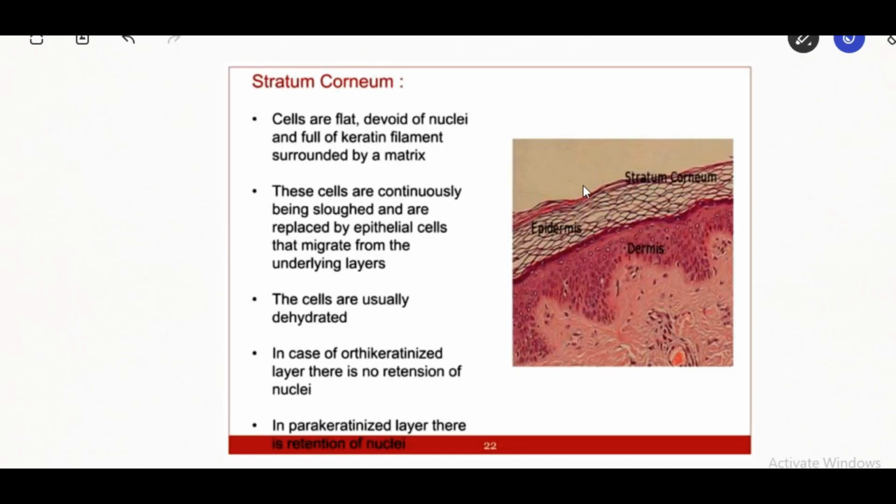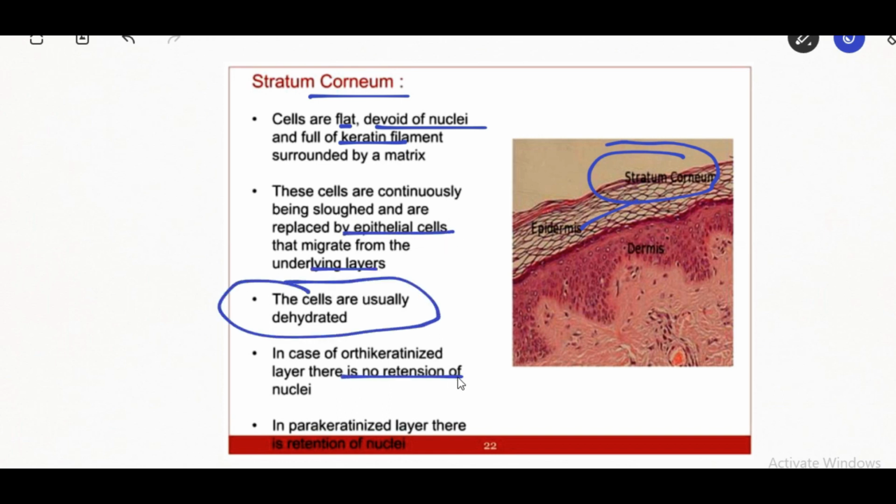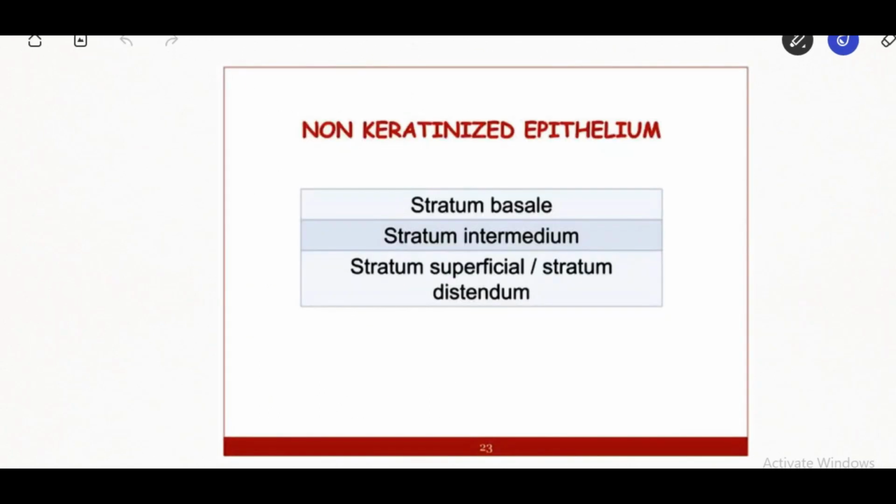Here the cells are flat, devoid of nucleus and full of keratin filaments. The cells are usually dehydrated. In orthokeratinized layer, there is no retention of nuclei. In parakeratinized, there may be retention of the nuclei.